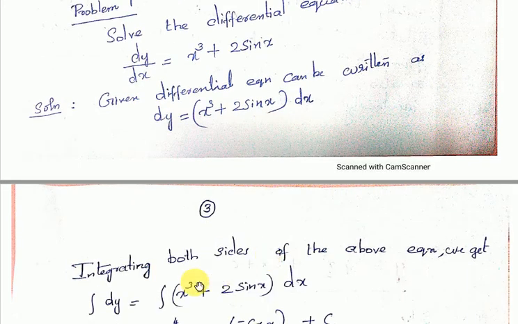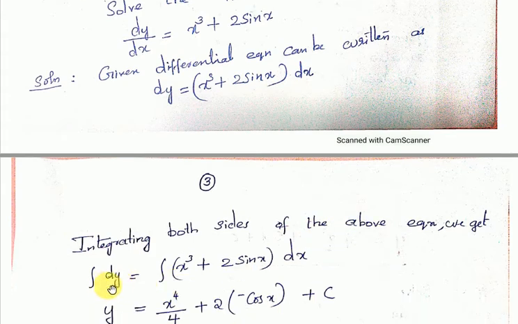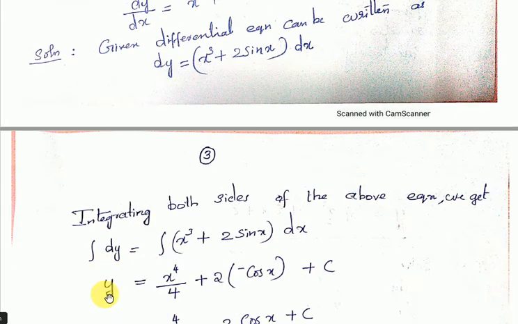The next step is integrating both sides of the above equation. That is, integral dy equals integral of x cube plus 2 sin x into dx. That means integral x cube dx plus integral 2 sin x dx. Integral x cube means x raised to 4 by 4.